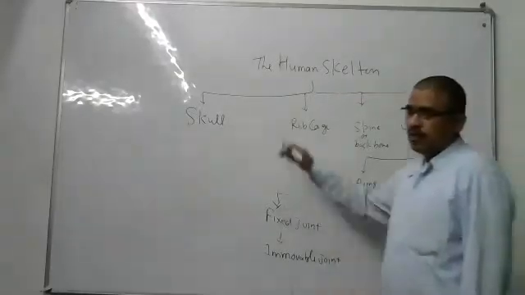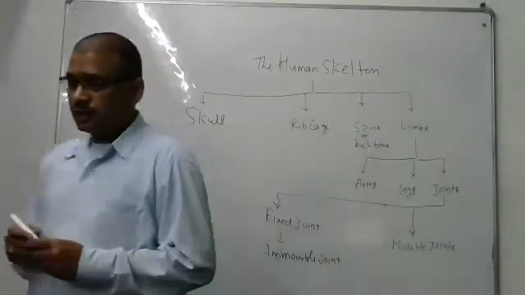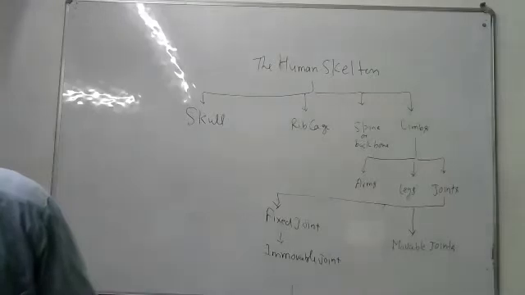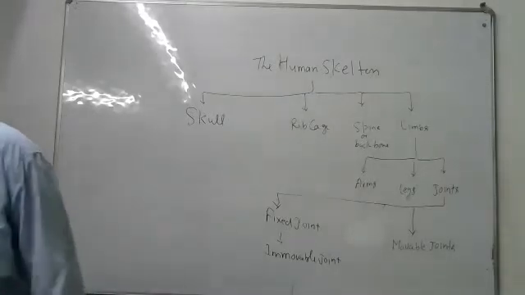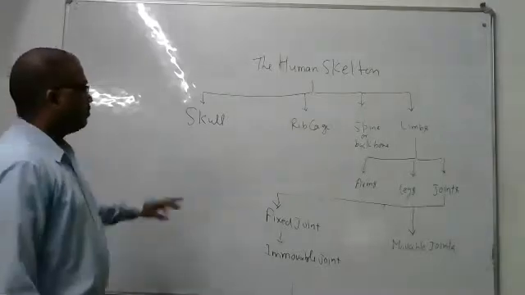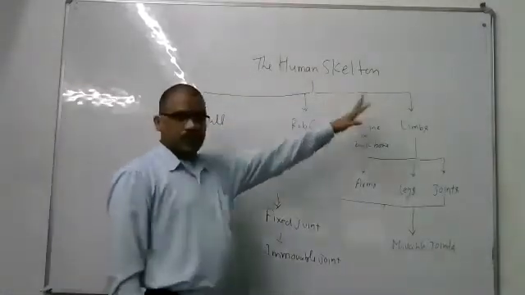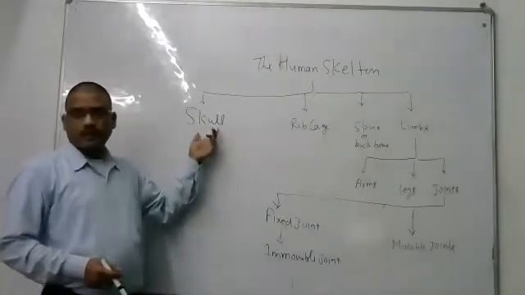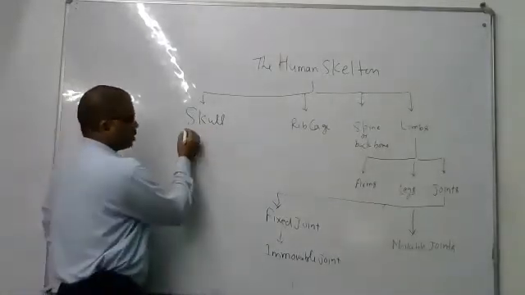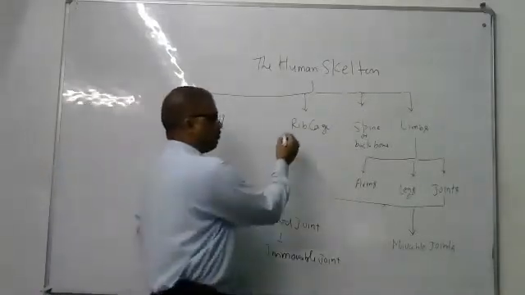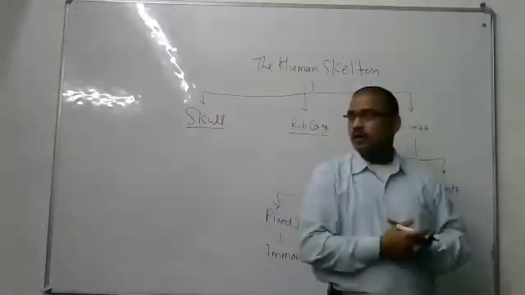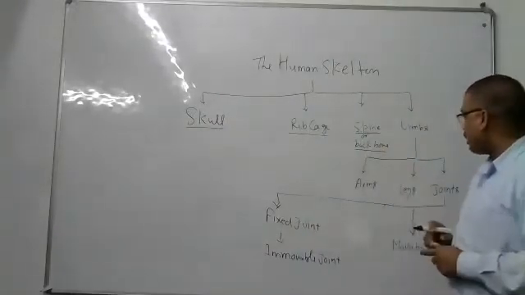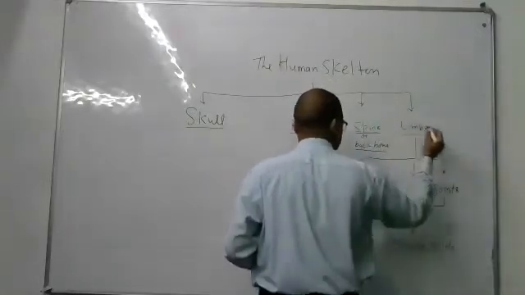This is all about the human skeleton. You can just go through it. In this human skeleton there are a number of parts: the skull, rib cage, spine or backbone, and another part called limbs.